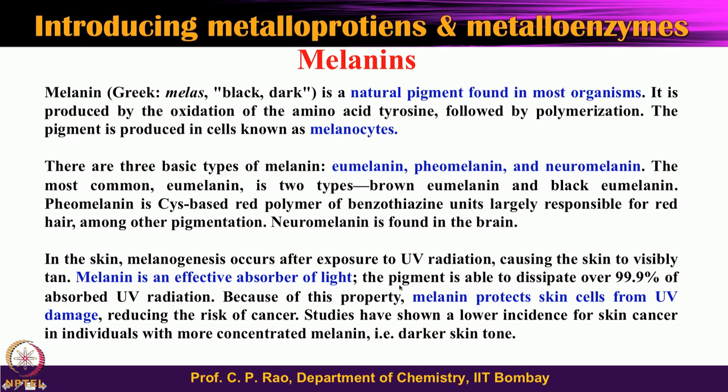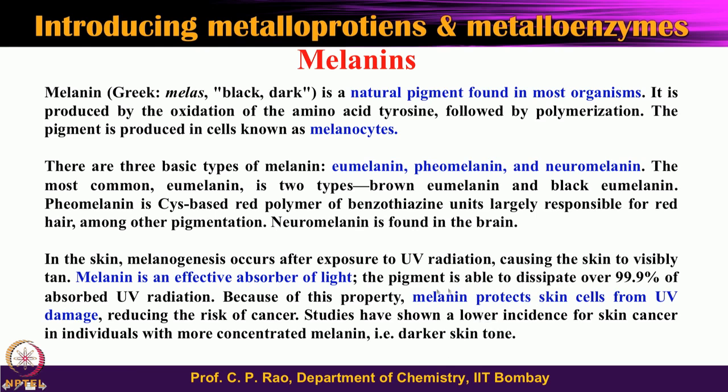The people tan their skin to get black pigment, and the black pigment will save you from the UV radiation. Otherwise, what will happen? This radiation can cause cancer to the body, and therefore, the black color is a boon in disguise.